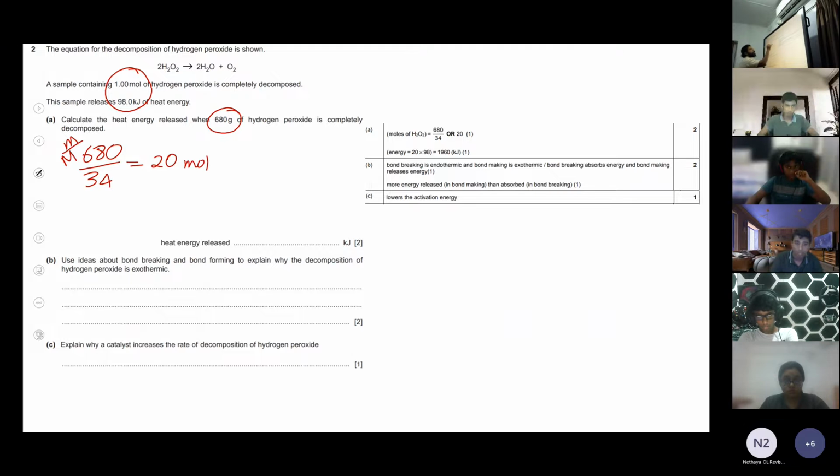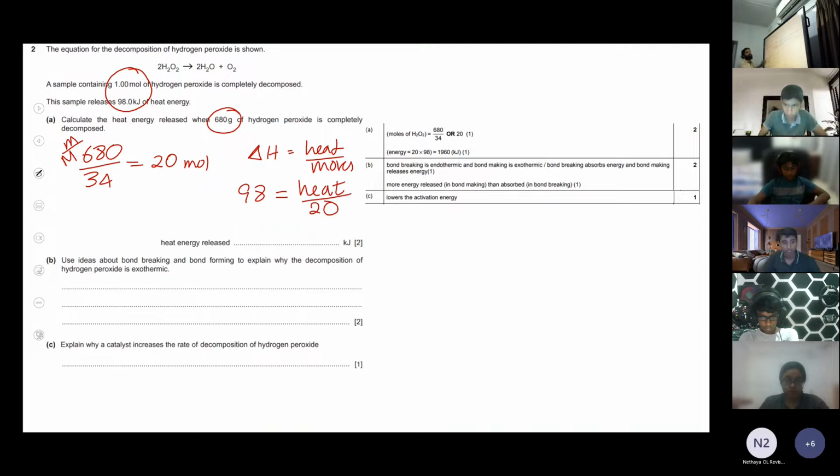What's the second equation you need to use? Heat divided by moles. Enthalpy change is given, 98 is equal. Heat energy is what you need to find. Moles is 20. Therefore, it's 1960 kilojoules. 1 mark for moles, 1 mark for energy. Now you can write this by heart.